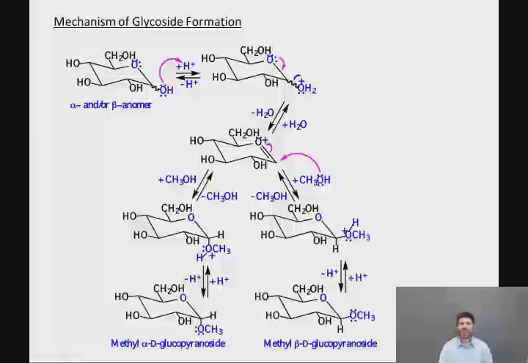In both of these cases, the initial attack of methanol leaves you with an intermediate that has a positive charge on the oxygen, and that oxygen still has its hydrogen because CH3OH is the nucleophile. We are under acidic conditions, so CH3OH has to be the nucleophile. There's no CH3O minus present. Then it's just simply going to lose a proton. It's going to get transferred to another molecule of methanol, but I did not show that explicitly, and that will give you the methyl glycoside product in each case.